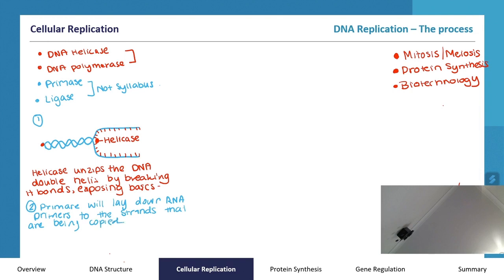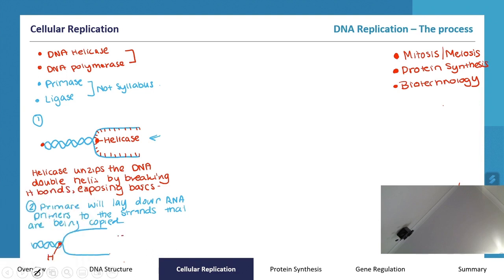Essentially, if we're doing DNA replication, we want to have one DNA strand be copied into two identical DNA strands. So if this is my original strand of DNA, and my helicase is continuing to unzip it, there's helicase there.